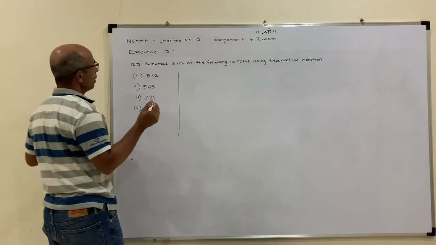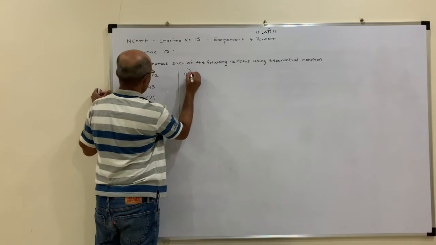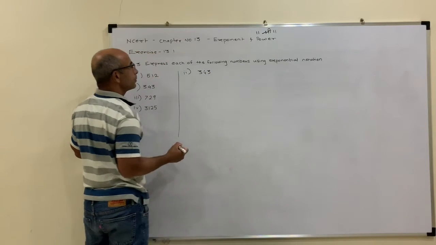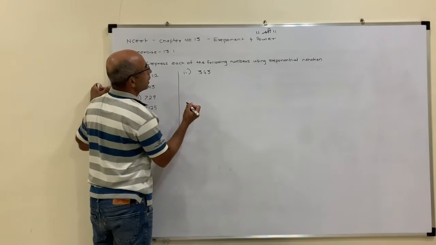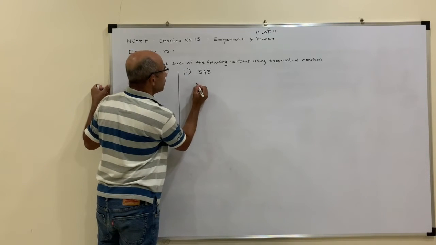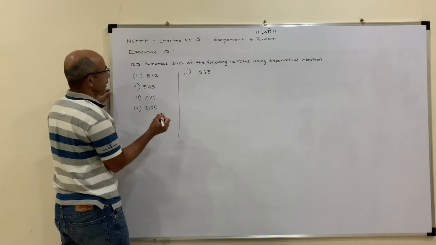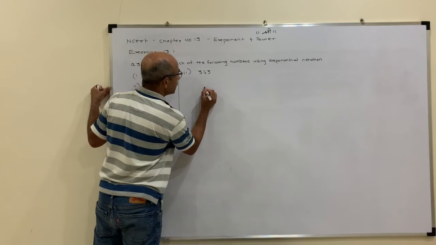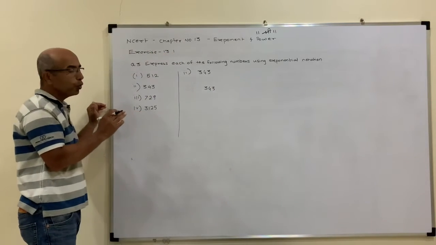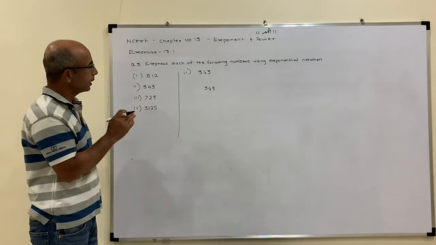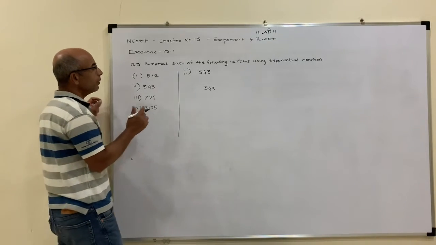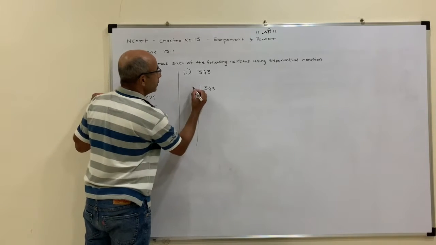Now first solve the second one, 343. We divide it by, 343 cannot be divisible by 2, neither by 3, nor 5, nor 6, and now I am going to solve by dividing it by 7.